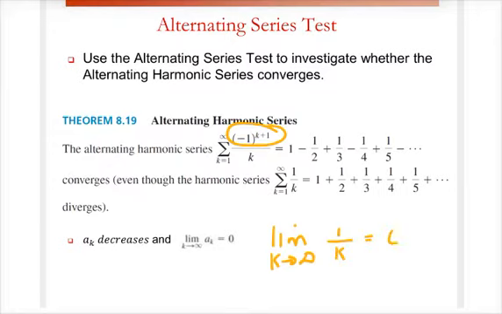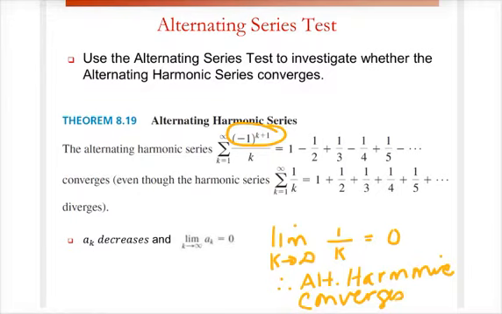That's clearly equal to 0. Therefore, the alternating harmonic series converges by the alternating series test. I often write shorthand notation for this: by the alternating series test.